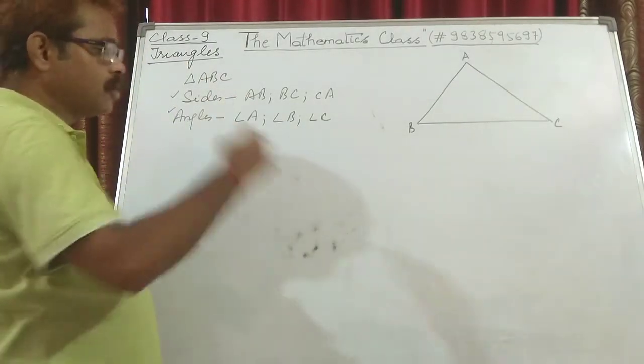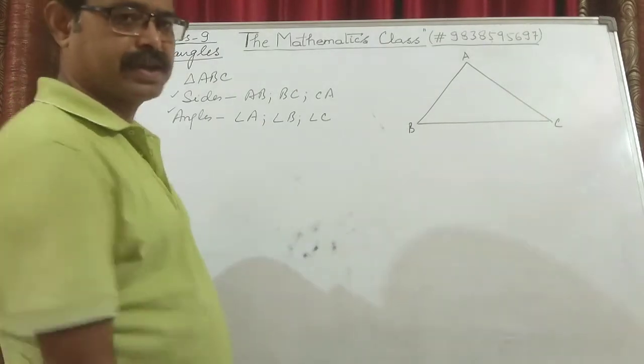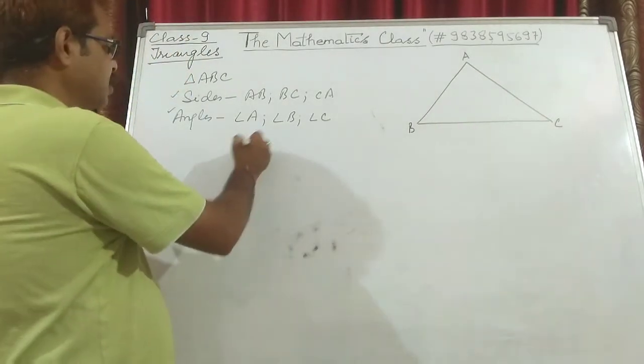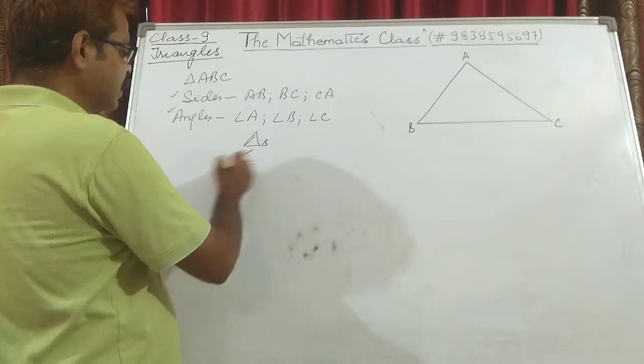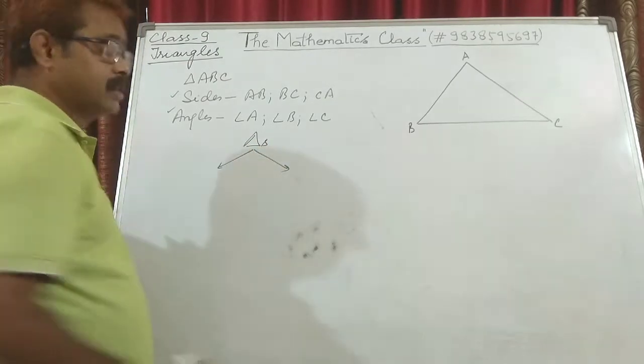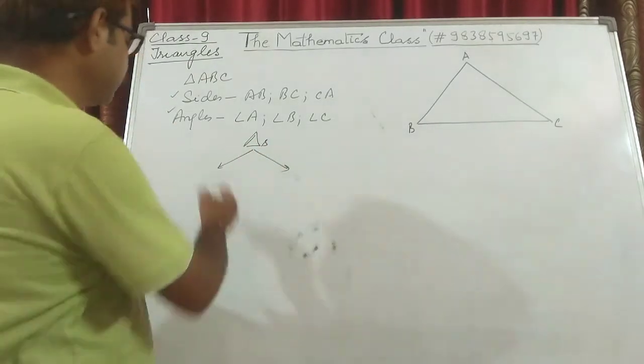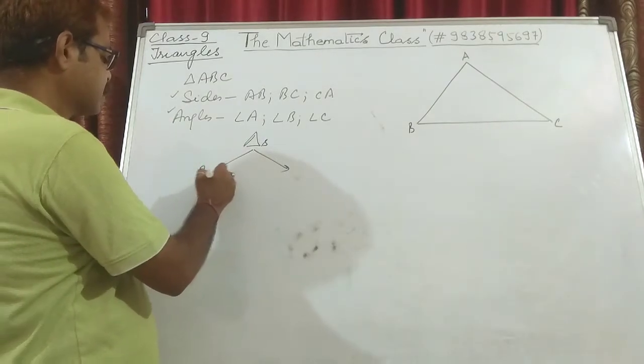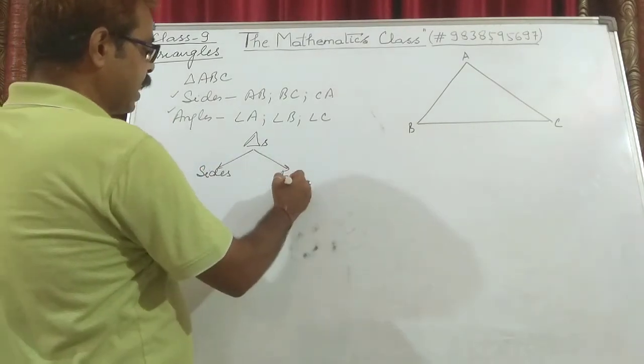Now we will talk about the classification of triangles. So triangles are classified on the basis of their elements, and their elements are sides and angles.